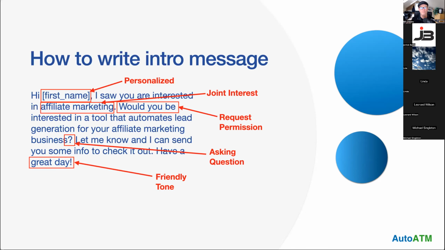This is a really good framework for you to continue with in this exact same manner. So feel free to steal this, take a screenshot of it right now, go ahead and use it. That's why it's there for you. And I'll go ahead and drop this into the Facebook group too, so you can see exactly how to write that intro message there as well.